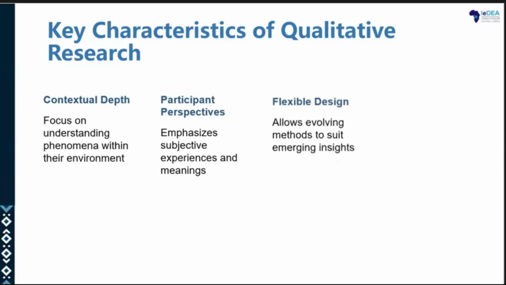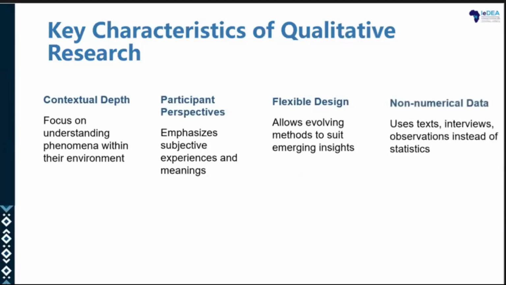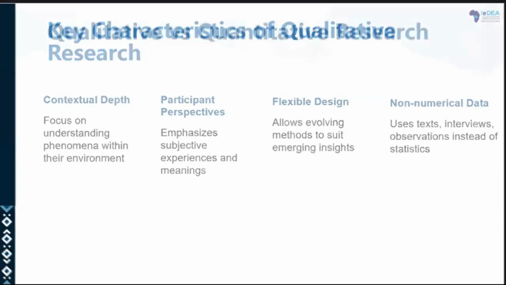It's a flexible study design because in as much as you have a plan, you can always be flexible with your plan depending on what is happening in the field. And it's mostly non-numerical data that is collected, since we are talking about text, interviews, and observations.